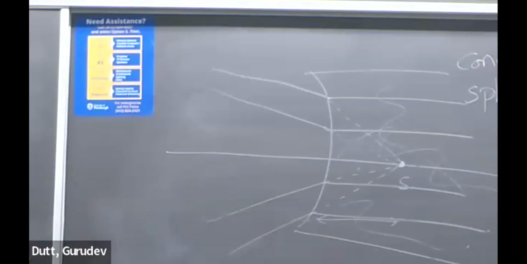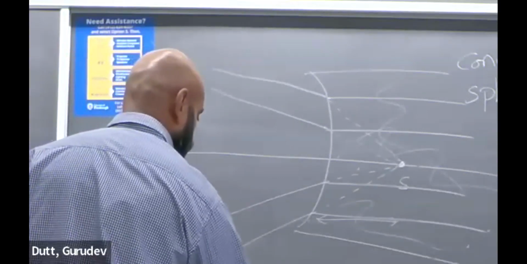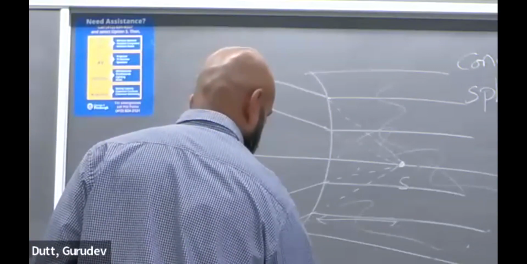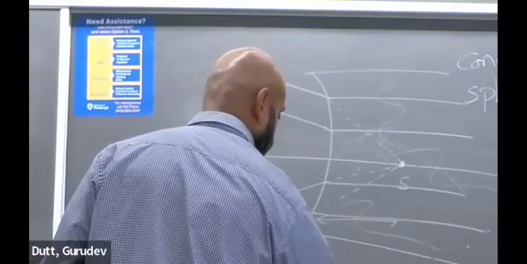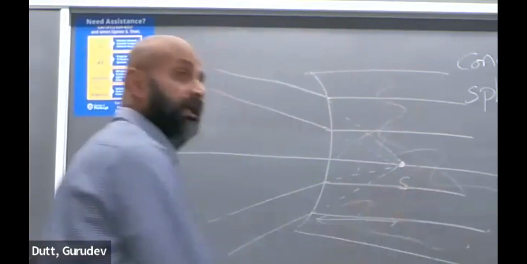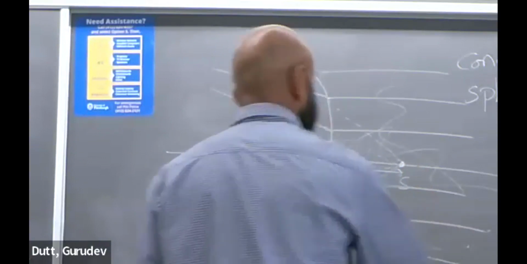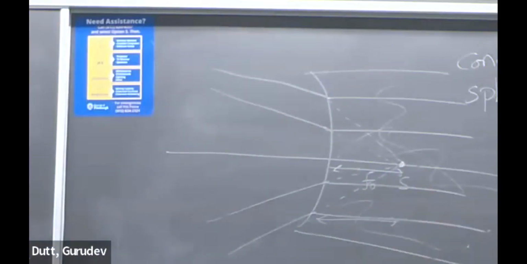So now the object focal distance, Fo, is negative, and you can see that it's lying to the right of the vertex. So this distance is Fo, and it lies to the right of the vertex.